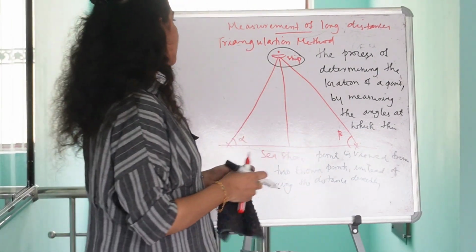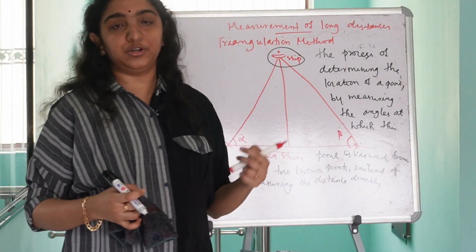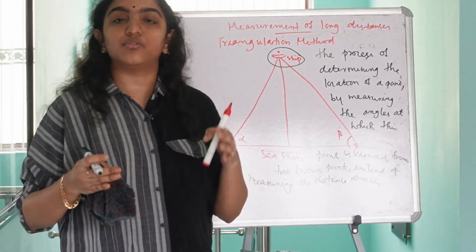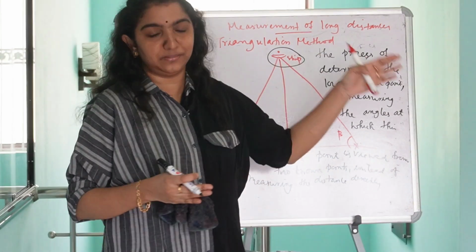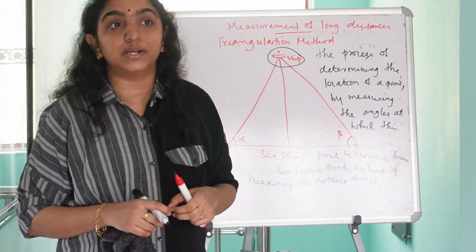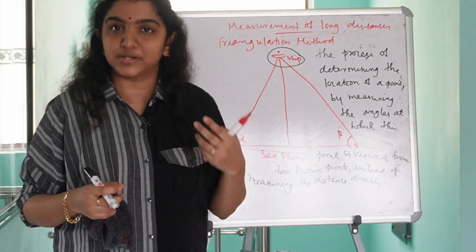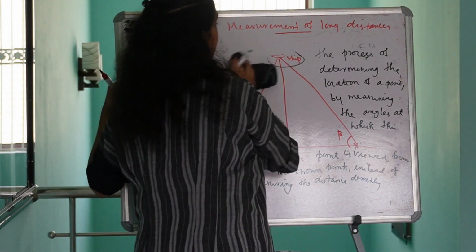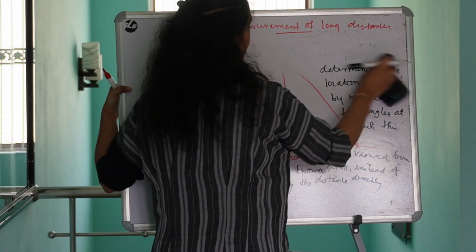So we can say parallax method is a special application of the principle of triangulation method. So instead of measuring the distance directly, in parallax method also we use the angular measurements. Is it clear? So now let's see what is parallax method.